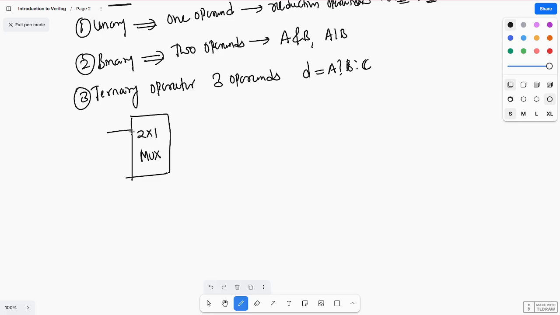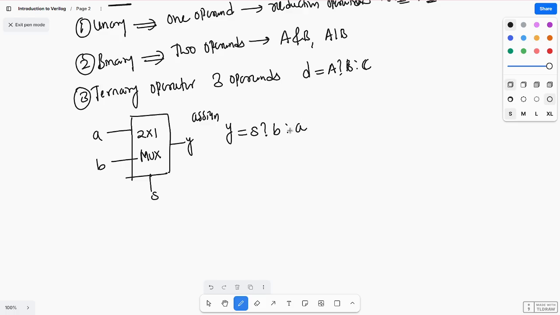Suppose the two inputs are A and B, the selection line is S, and the output is Y. The functionality of this 2 cross 1 mux can be written with the ternary operator in one line, using assign. Y equal to S question mark B, otherwise A.